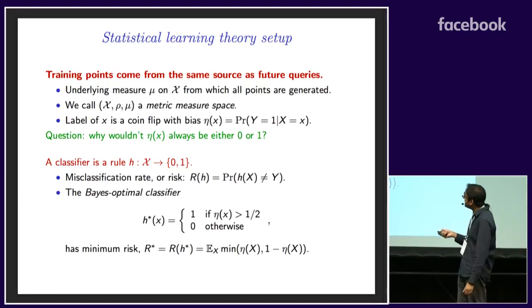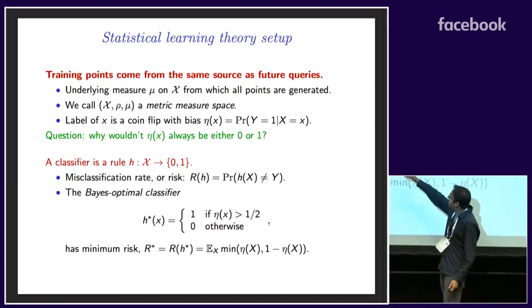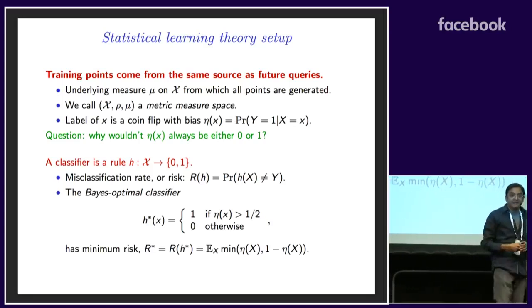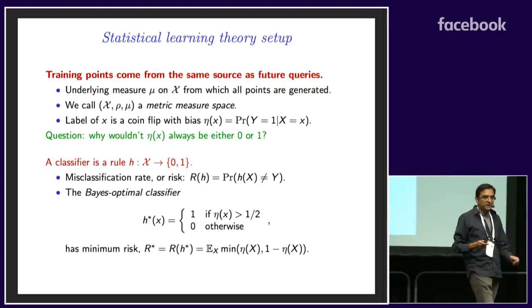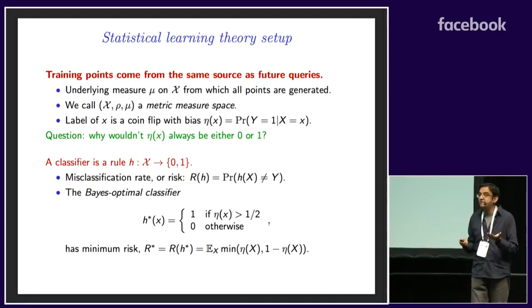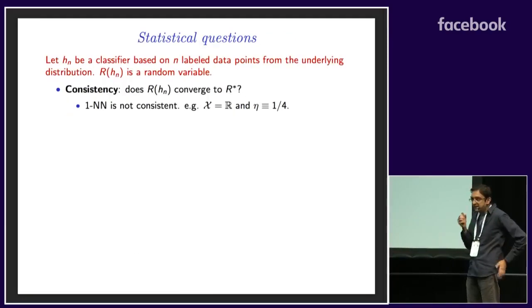Okay? So clearly, the best thing you can do for any x is just to predict 1 if the probability of being 1 is greater than a half, and to otherwise predict 0. Okay? And so that's the Bayes optimal classifier, and R star is the error obtained by this optimal classifier. Okay.